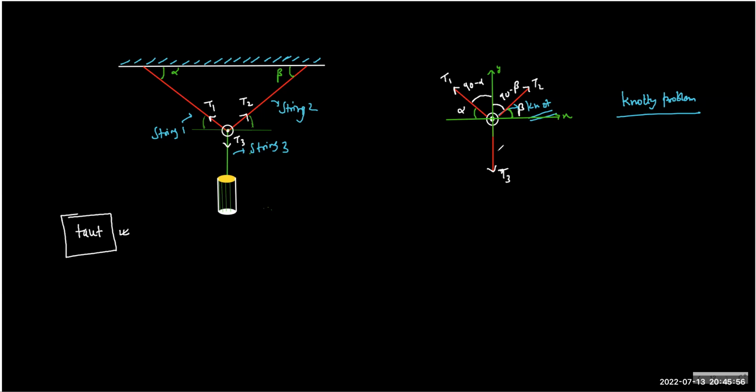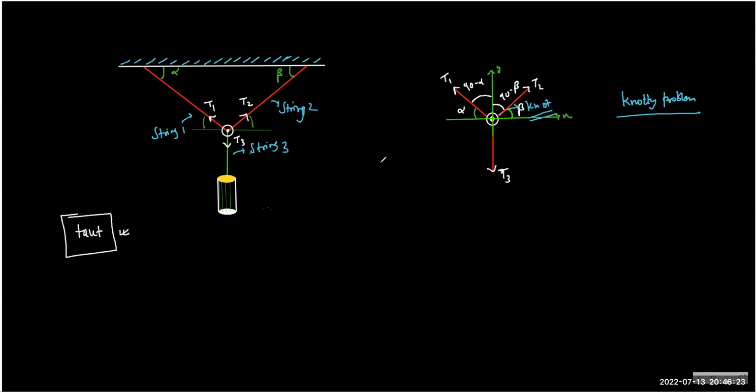What is the angle between the vertical line and T3? So if a direction coincides with the x-axis, what is your angle with the x-axis? So 0 degree. Sir, 0. Exactly, 0 degree.